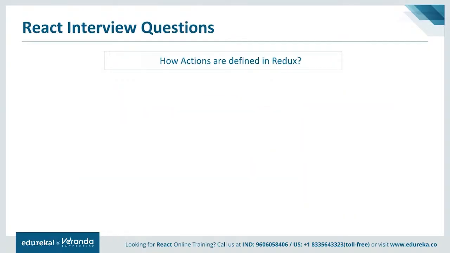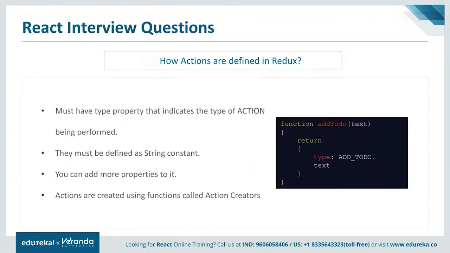How are actions defined in Redux? Always remember that an action should have a type property that indicates the type of action which needs to be performed. So type is very important for every action. In this code snippet, as you can see on the screen, there is a function called addTodo, which takes the input parameter text.